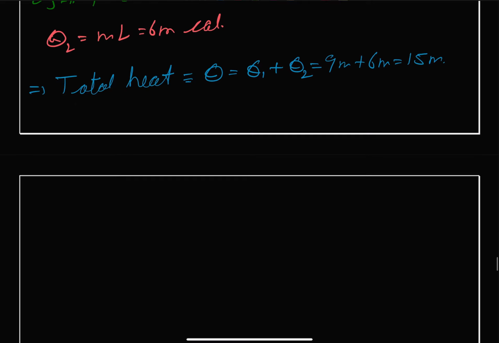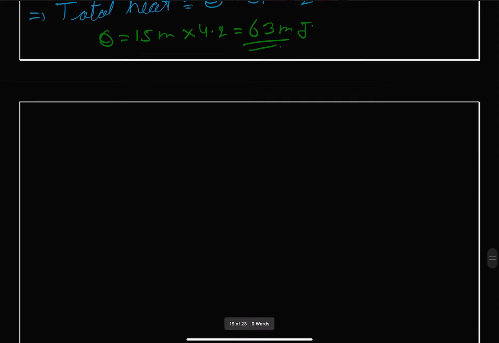And this is in calories, we convert into joules. So this comes as Q is equal to 15m multiplied by 4.2. This gives us 63m joules. Now we come to the kinetic energy part.